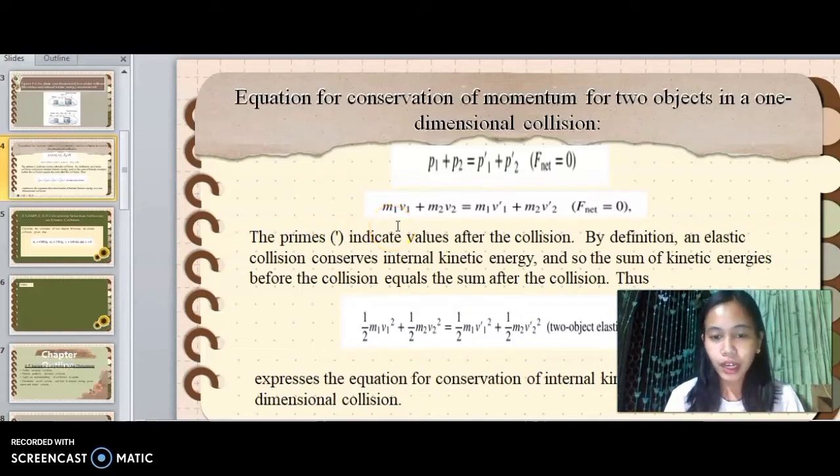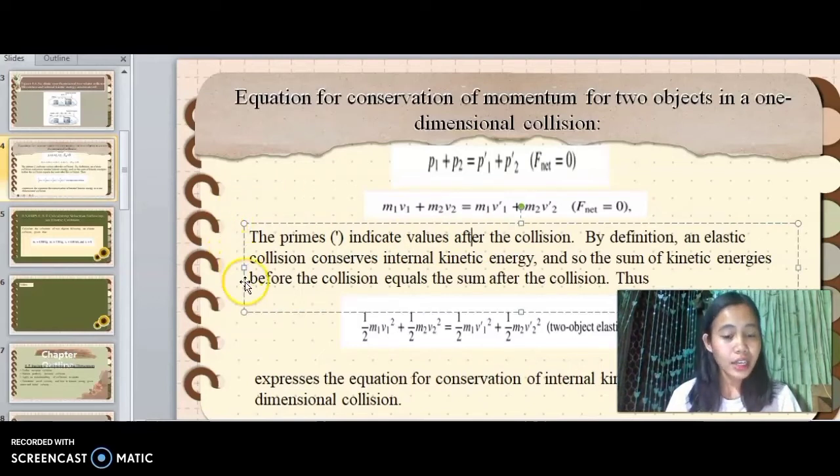So if we are going to expound it, momentum is m1 v1 plus m2 v2 equals m1 v prime 1 plus m2 v prime 2. So again, there is no net force. The primes indicate the values after the collision. By definition, an elastic collision conserves internal kinetic energy, and so the sum of kinetic energies before the collision equals the sum after the collision.